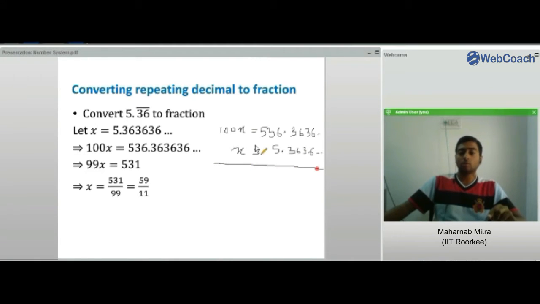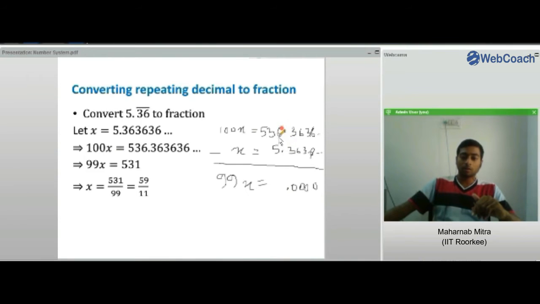Now we subtract these 2 numbers. When we subtract x from 100x, we get 99x, right? We are subtracting 1x from 100x's. But the interesting thing is, what do we get here? If we do subtraction column wise, this 6 gets cancelled out with this 6, so we get 0 here. 3 gets cancelled with this 3, so we again get 0 here, and we get 0 for this 6 and this 3 also.